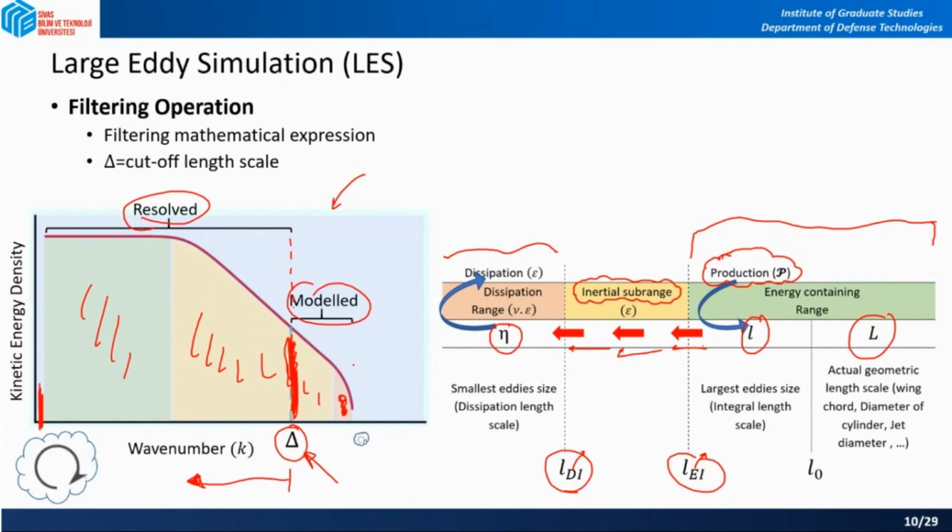I have to use appropriate models to represent the physics that is occurring, and which is mainly the energy dissipation. Okay, mainly the energy dissipation. Some part of the inertial subrange is in here, but mainly I have the energy dissipation. So this is the cutoff length. This is the filter size that I'm choosing. It has to be in the inertial subrange.